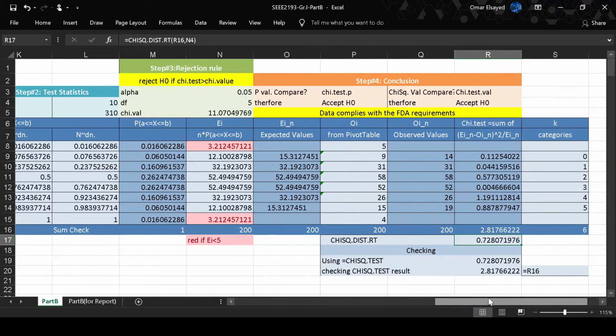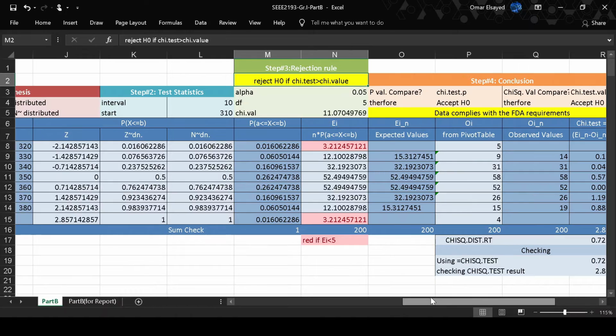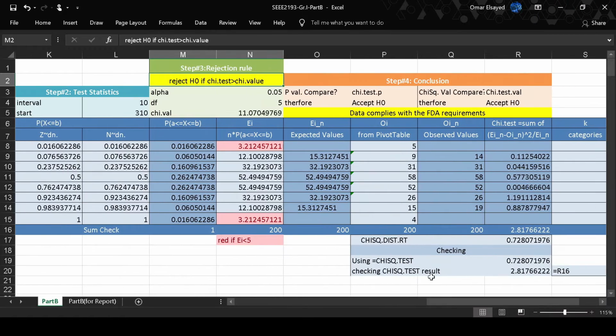So after that, the third step should be, after we have calculated the test statistics, we measure the chi-square value that we will compare with 2.817.